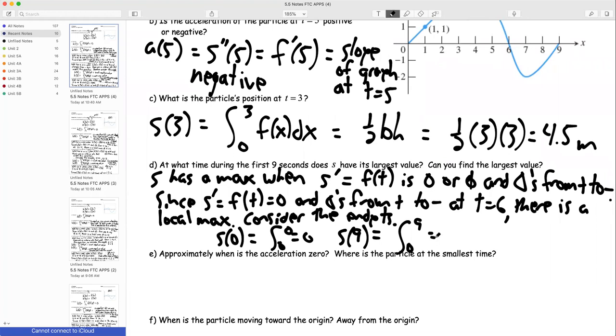So I said the integral here from 0 to 9 is positive, but less than the value at t is equal to 6.